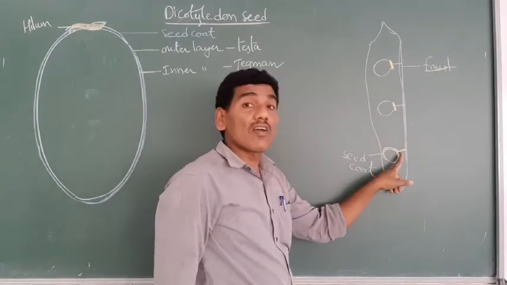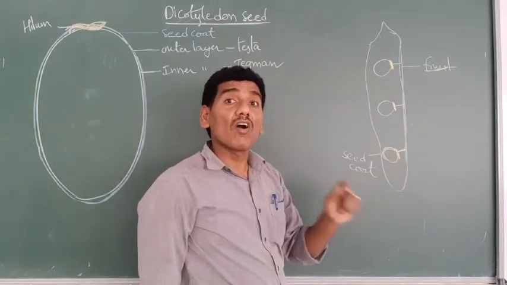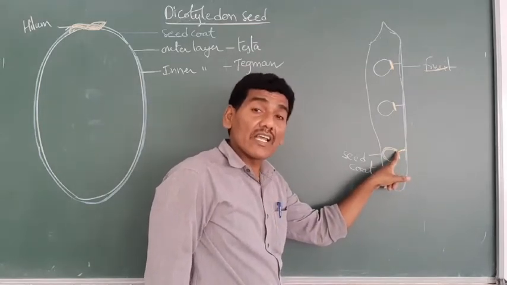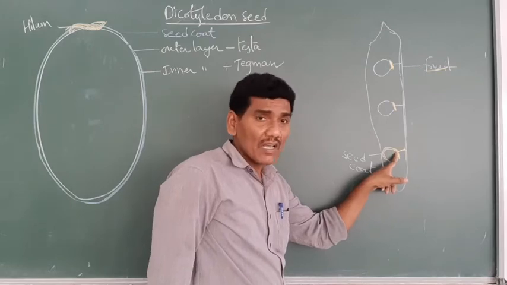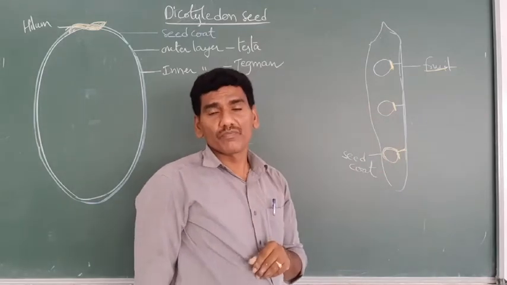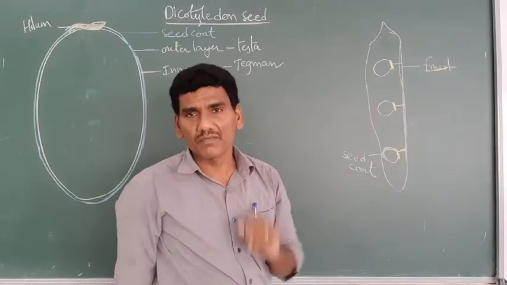This is nothing but the stalk of the seed. One side of the stalk is attached to the hilum place, and the other side of the stalk is attached to the fruit.